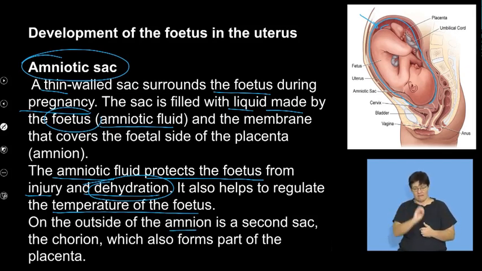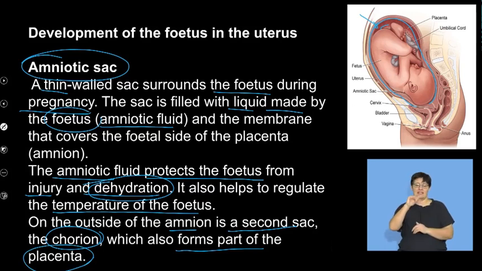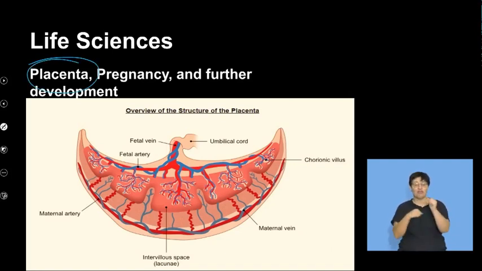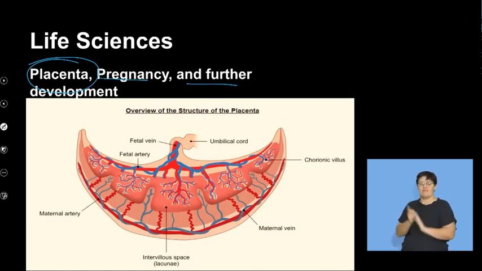From the outside, the amnion is surrounded by a second sac called the chorion, which also forms part of the placenta. There is a chorionic layer which we will see in the next diagram. What is very important for us to understand is the structure of the placenta and its role during pregnancy and further development.